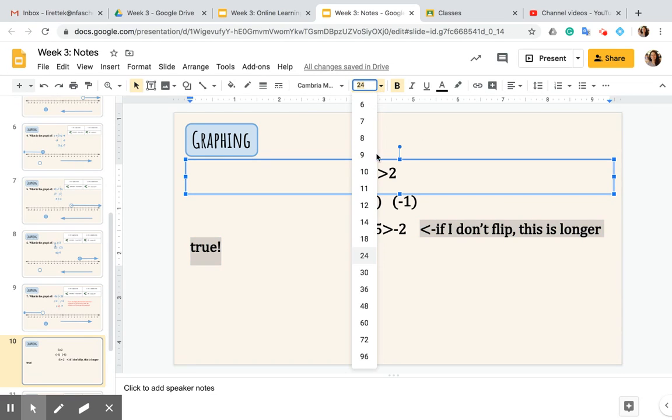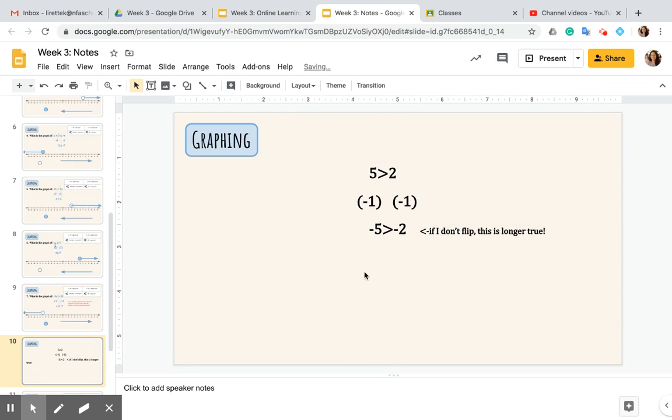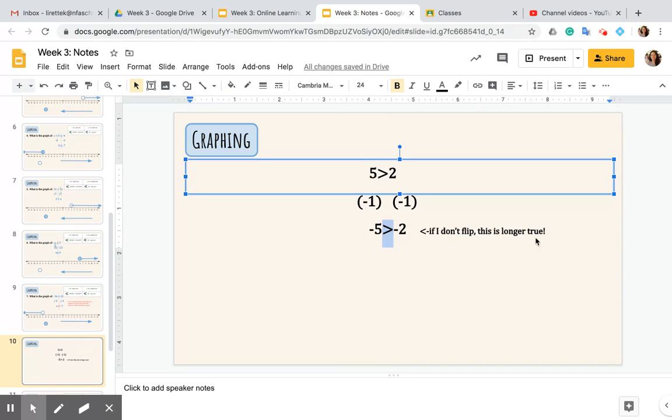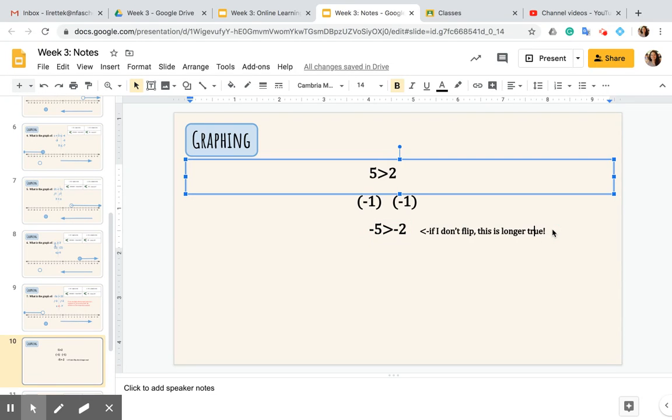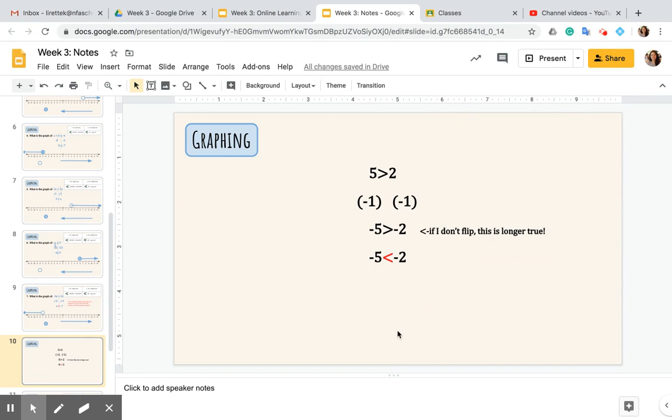So if I don't flip this symbol here, it's no longer true. In order to maintain that this is true, I'm just going to copy paste in the next line, save myself the trouble. I need to flip its direction, okay? So I need to flip it in order to maintain that it's true.